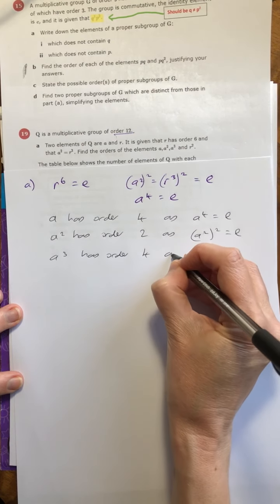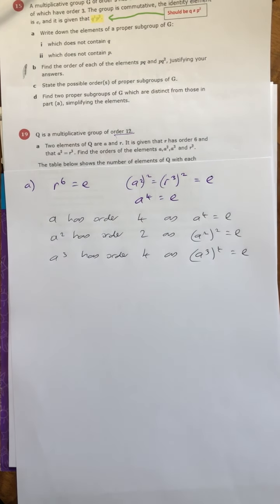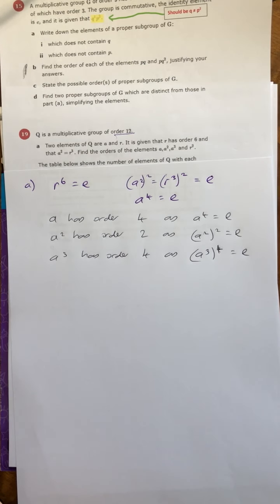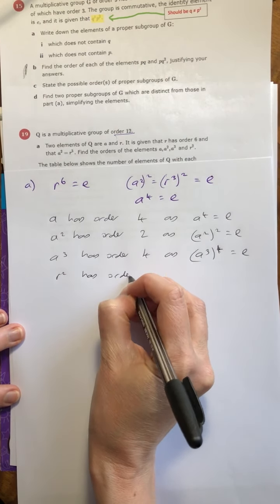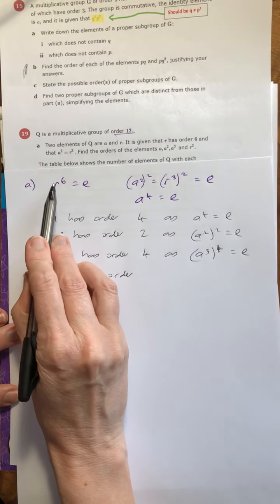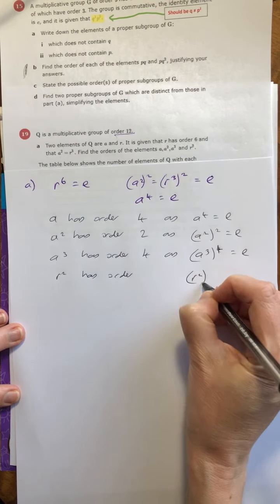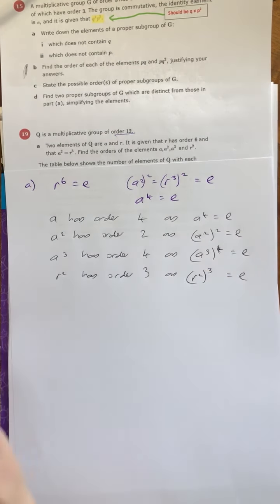There you go. That is the first power that is a multiple of 4. Oh, and R squared has order, so R squared to what power gives you E? Of course it's cubed, isn't it?